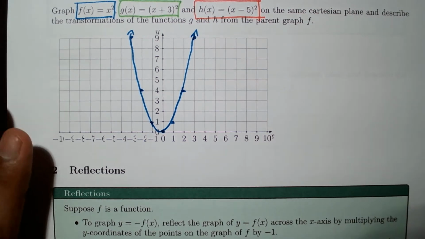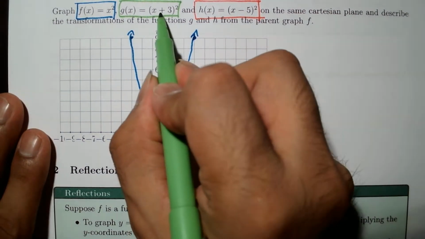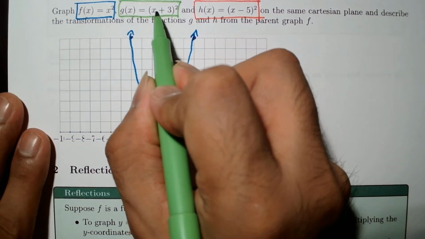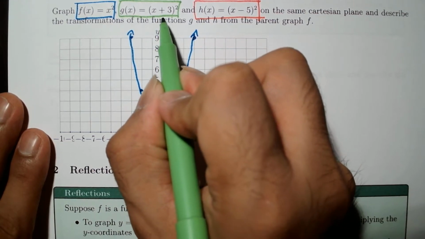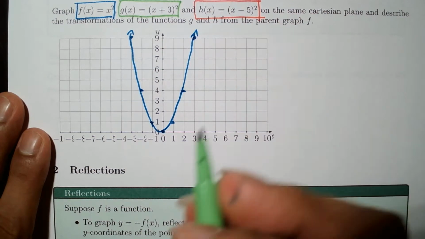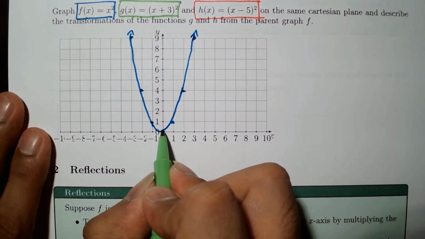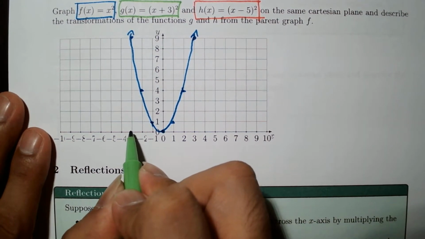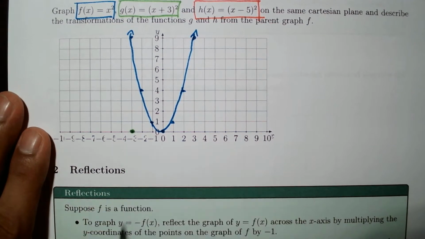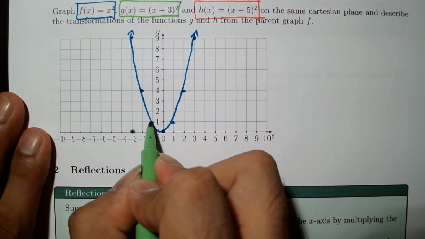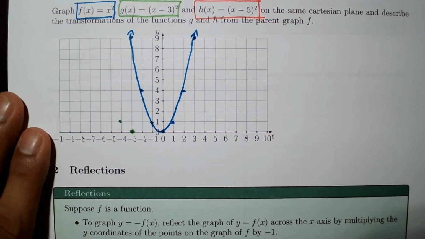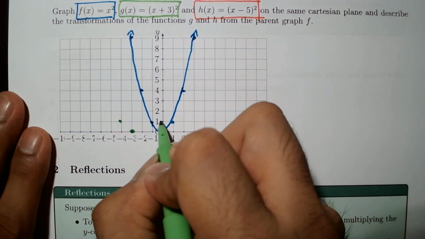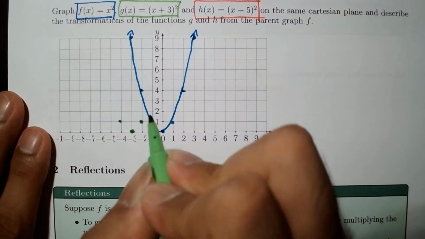Okay, now for the green one, this plus 3 right here indicates that I should subtract 3 from the x coordinates. In other words, this origin, I'm going to shift it 1, 2, 3 units to the left. This negative 1, 1, I'm going to shift it 3 units to the left. This 1, 1, 3 units to the left.